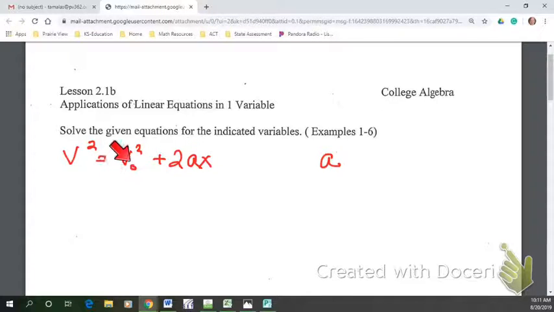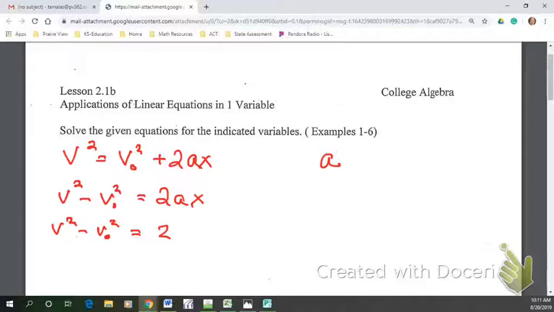Minus V naught squared. Take this and subtract it from both sides. And so then I'm going to have V squared minus V naught squared equals 2ax. Okay, divide by 2x. So for the purpose of your notes, I'm going to rewrite this: V squared minus V naught squared equals 2ax.